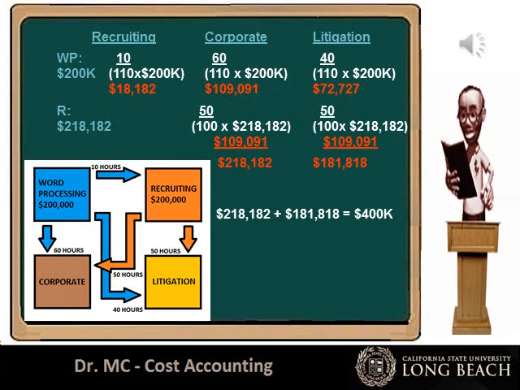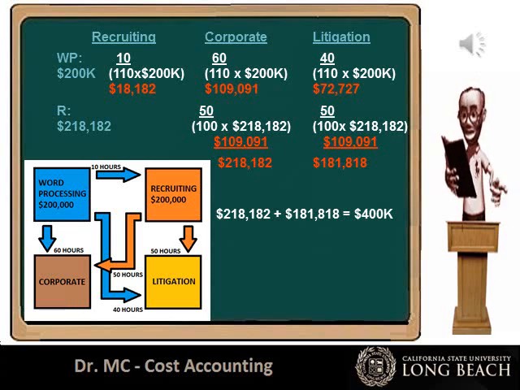Now, word processing would divide recruiting's 10 hours by the total hours of 110 hours in order to calculate the share of its costs that it should allocate to recruiting. Similarly, it would give corporate a share of its costs equal to 60 hours divided by 110 hours. Finally, it would give litigation a share of its costs equal to 40 hours divided by 110 hours.